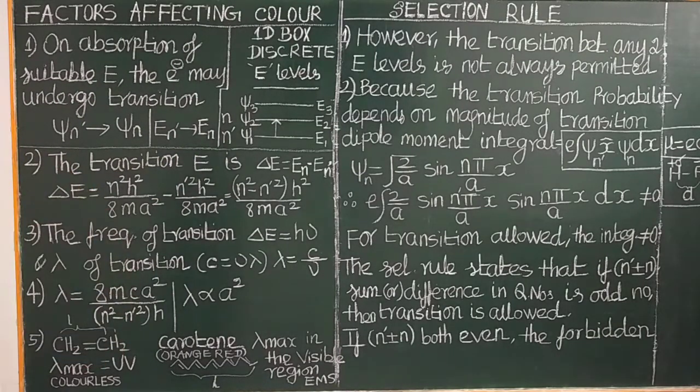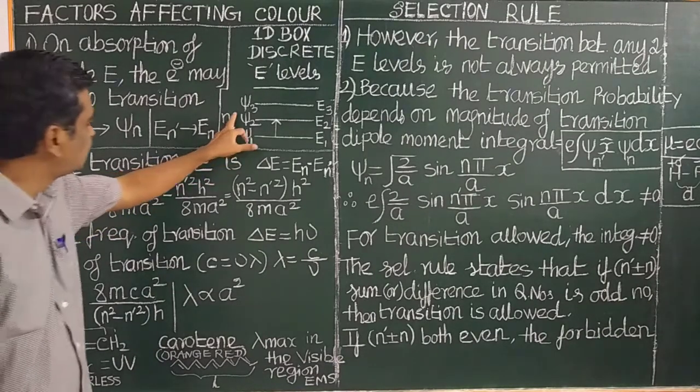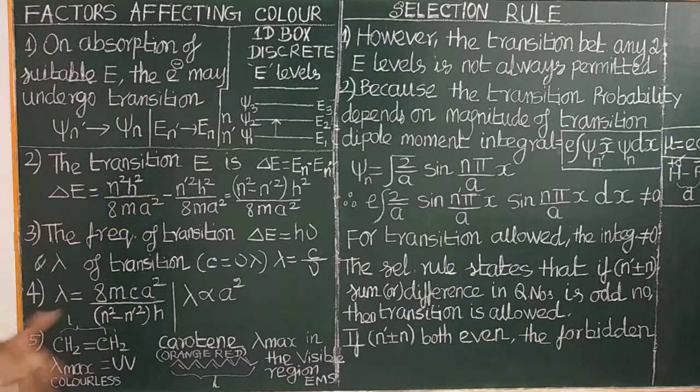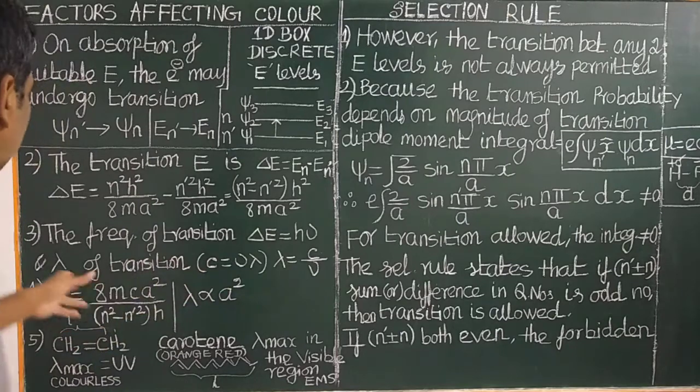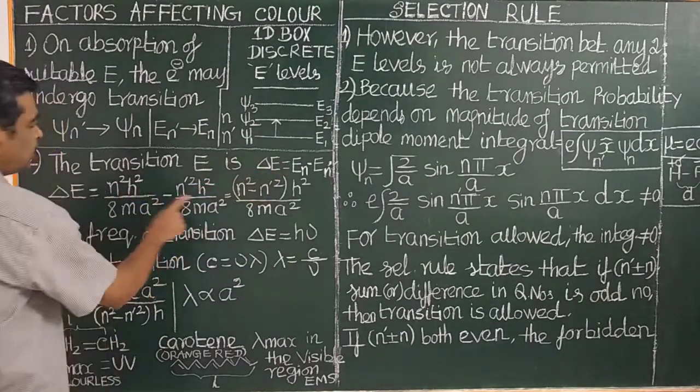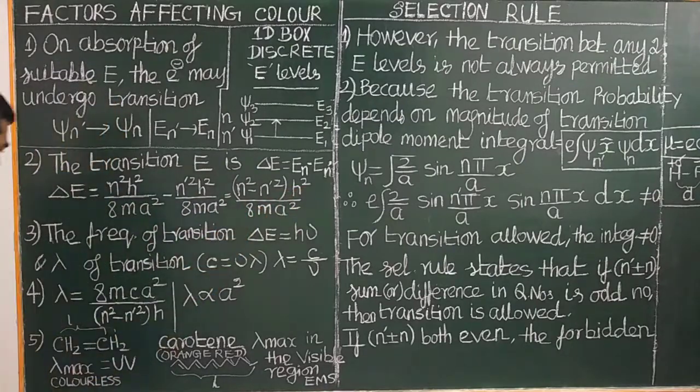For a particle in a one-dimensional box, we have already seen that the energy of the nth level is equal to n square h square divided by 8 m a square, where a is the length of the box and m is the mass of the particle. Therefore, on substituting, you will get this expression.